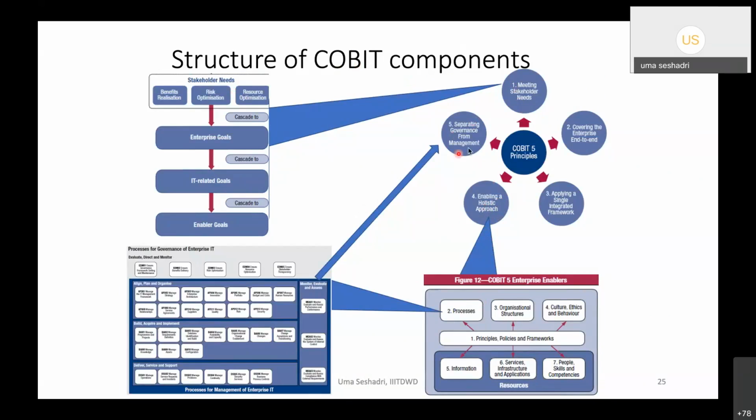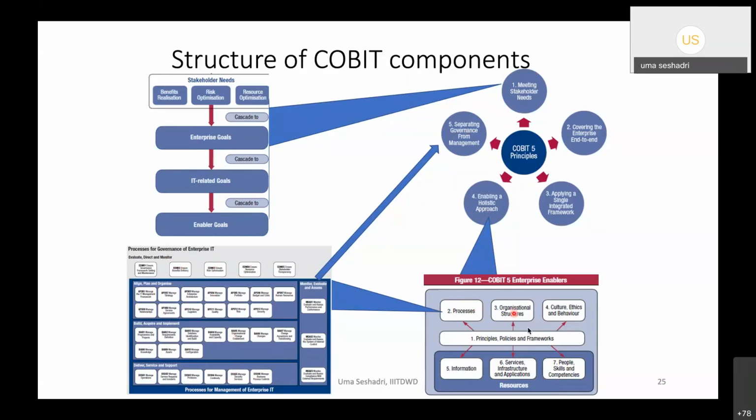When it comes to separating governance from management, what do we mean by that? That means we are talking of the management activities separately, and these are the governance activities, and these are all management activities or management processes, management enablers. If we talk from the CoBIT point of view, these are also called enablers. So these enablers become one more level higher.